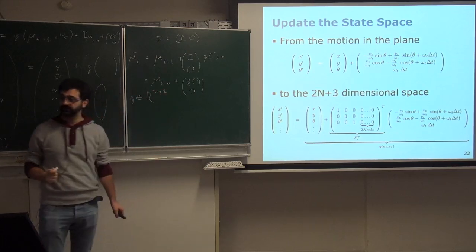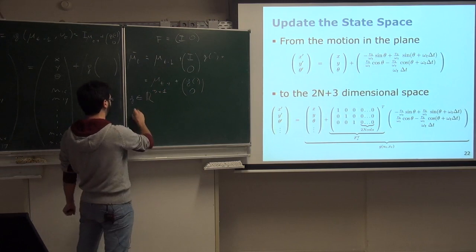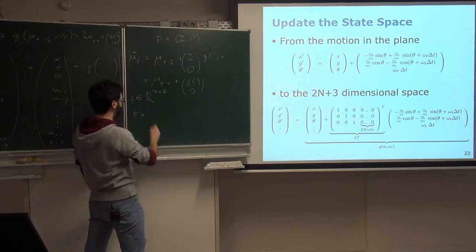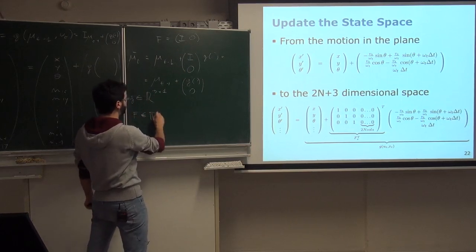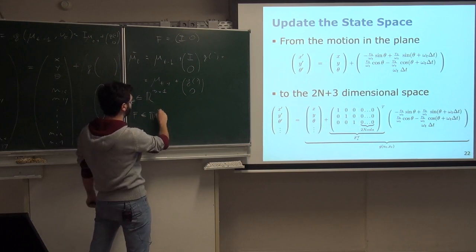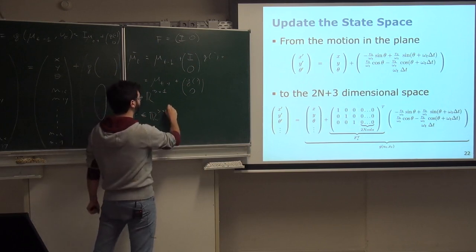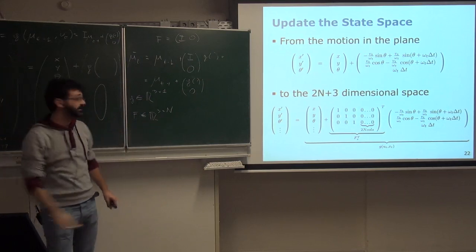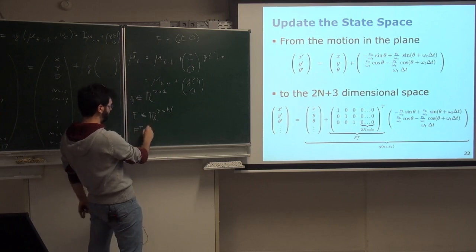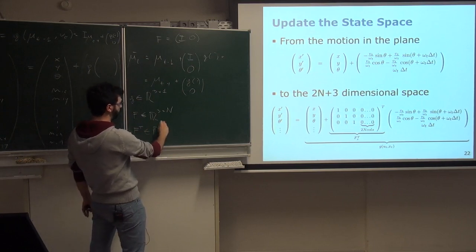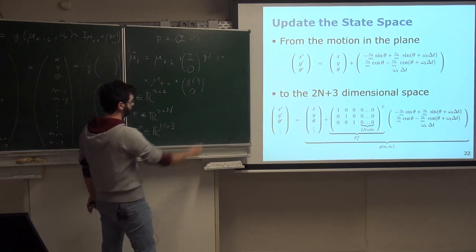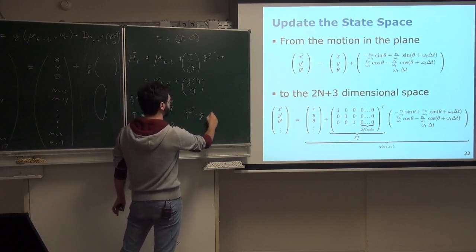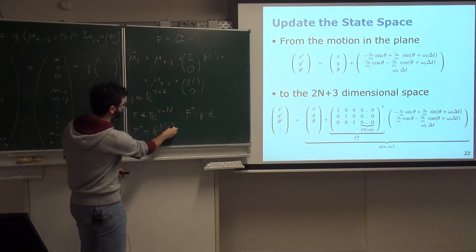Now we have F. F is equal to this one, I and 0. So it belongs to R, it has 3 rows, and let's say it has big N columns, where big N is the number of elements in the state vector. Now we get F transpose, which is in N times 3, and we get F transpose times G, which is N times 3 times 3 times 1.